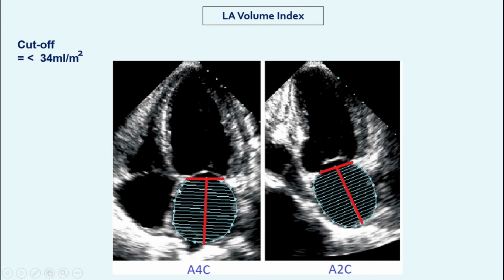So when you trace it and finish it, try to make it almost perpendicular to the mitral annulus plate. The normal cutoff for left atrial volume index is equal to or less than 34 milliliters per meter squared.